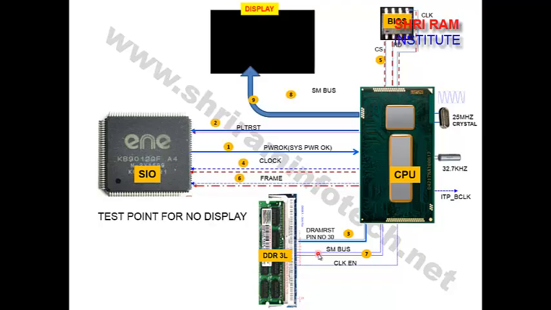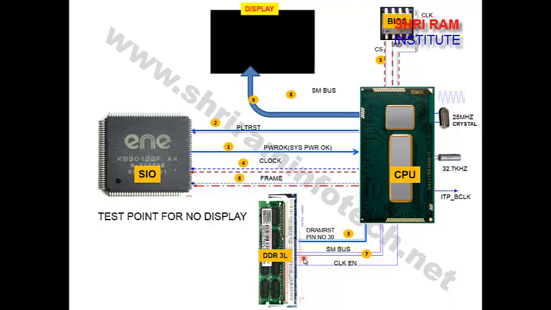You can check this signal on pin number 202 with the oscilloscope, or you can use a RAM card tester: put it on the RAM slot and use the oscilloscope there. You can't check all the signals with a multimeter, you have to use an oscilloscope. Check on the initial level and you will find pulses. If these pulses are coming, that means the CPU is reading the SPD. So you have to check the SPD like that.